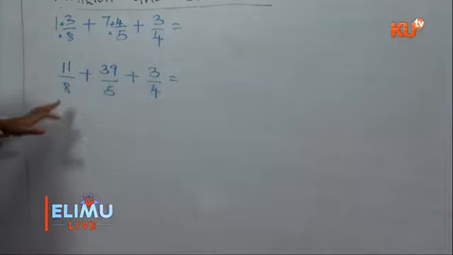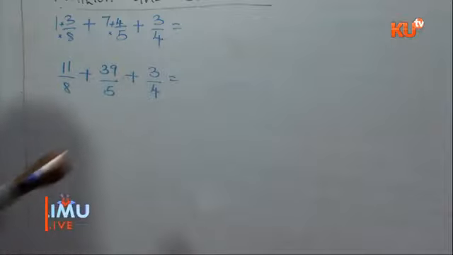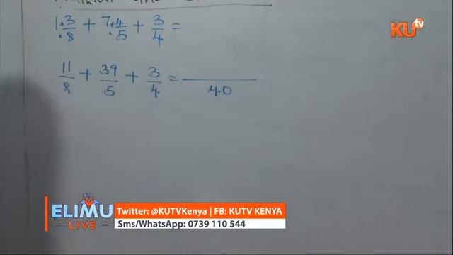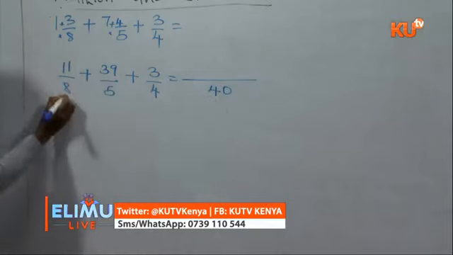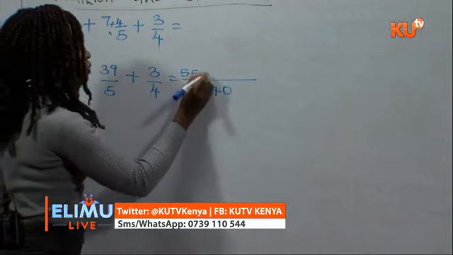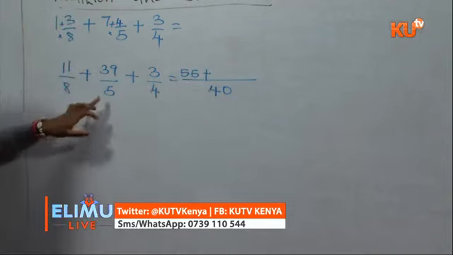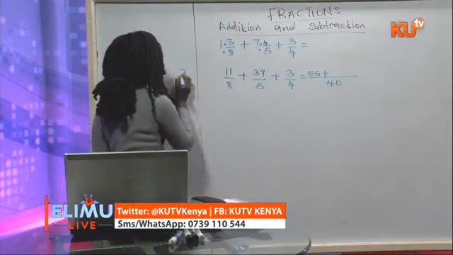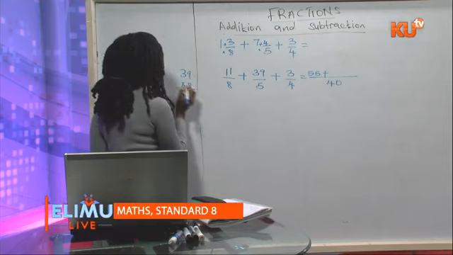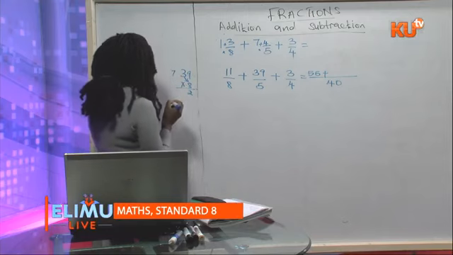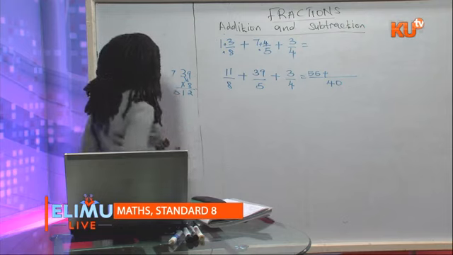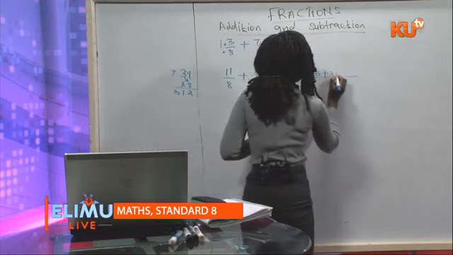So we get the LCM of 8, 5, and 4. The LCM of 8, 5, and 4 is 40. 40 divided by 8, we get 5. 5 times 11, we get 55, plus 40 divided by 5 is 8. 39 times 8: 9 times 8 is 72, carry 7, this is 24, 24 plus 7, we get 31, so 312.